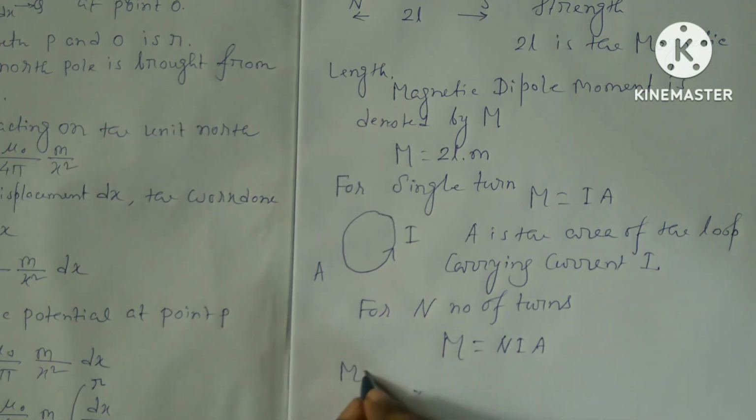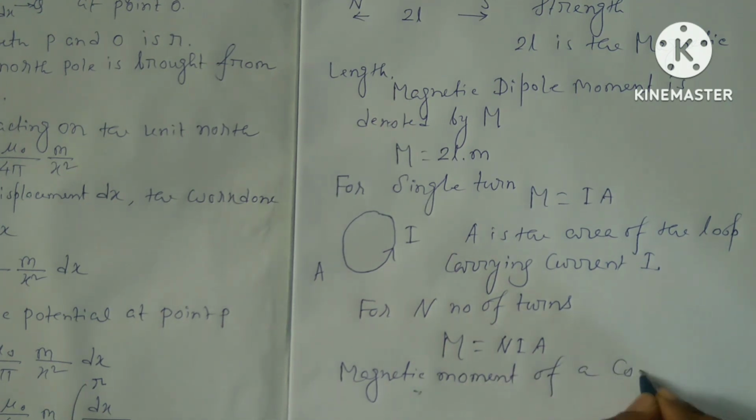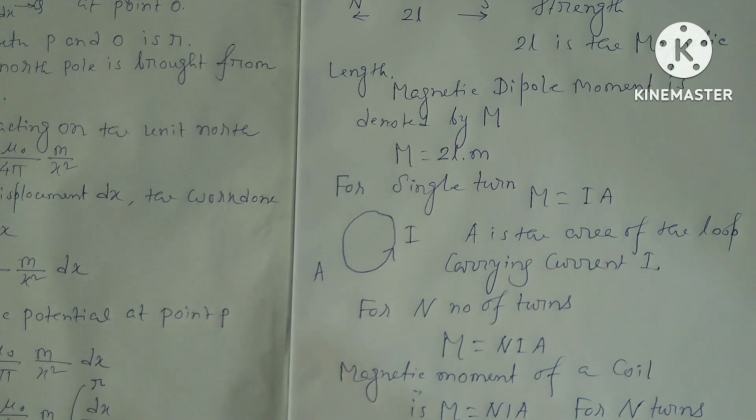So magnetic moment of a coil is M equal to NIA for n turns, and M equal to IA for a single turn.